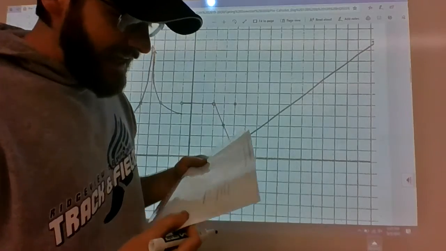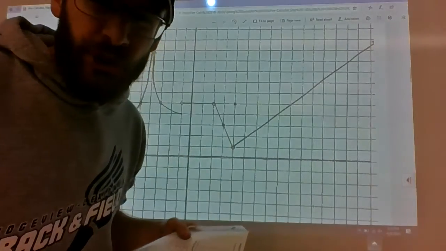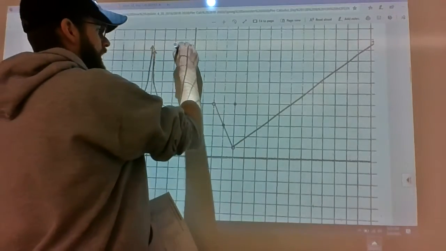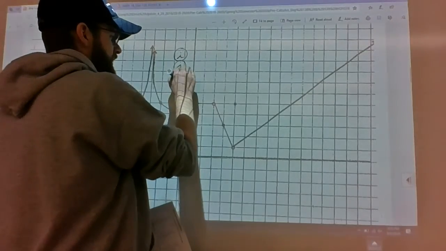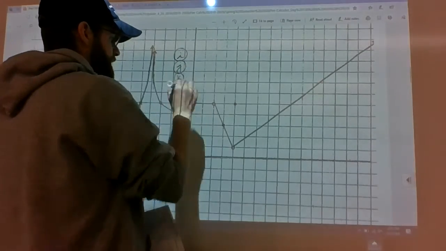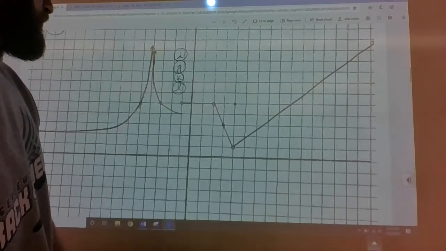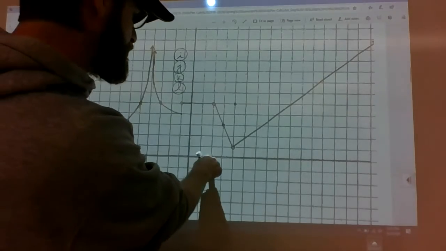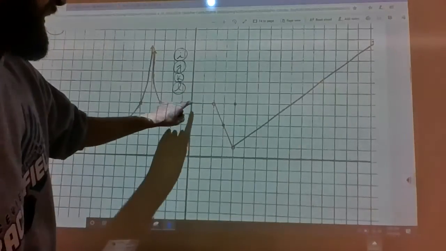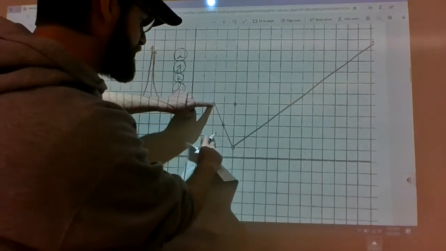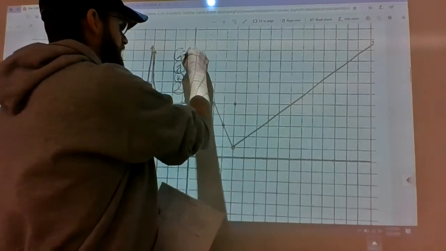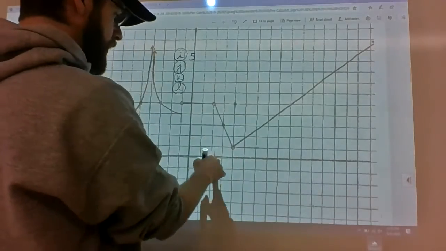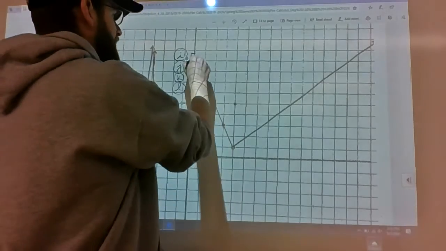I, J, K, L. We're talking about x approaching 2 now. So 2 is x equals 2 right here. From the left of 2, it equals 1, 2, 3, 4, 5. From the right of 2, it equals 1, 2, 3, 4, 5.